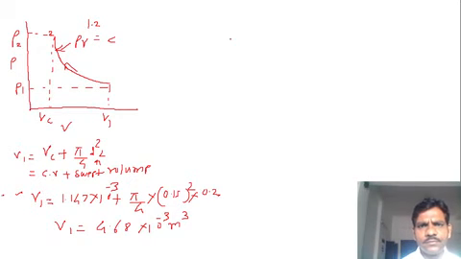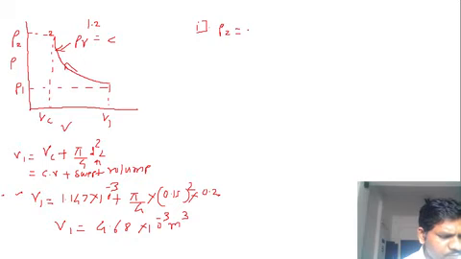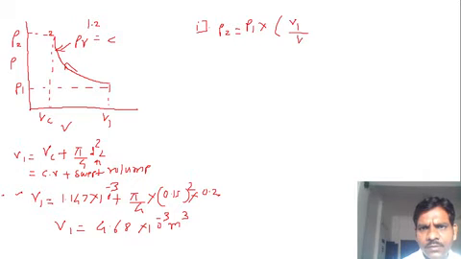Now, second, we determine the value of the pressure after the compression. So P2 is equal to, we know this formula, P1 into V1 upon V2 to the power N. We already derived this equation.